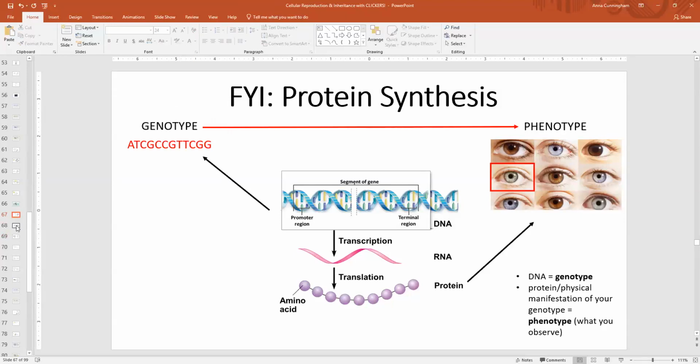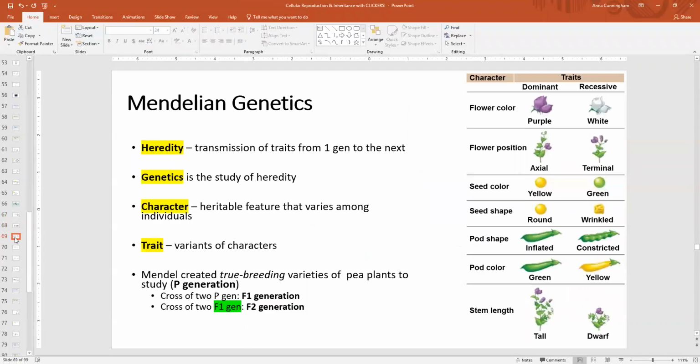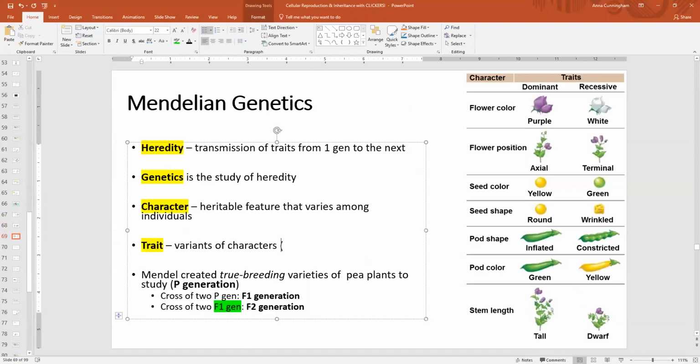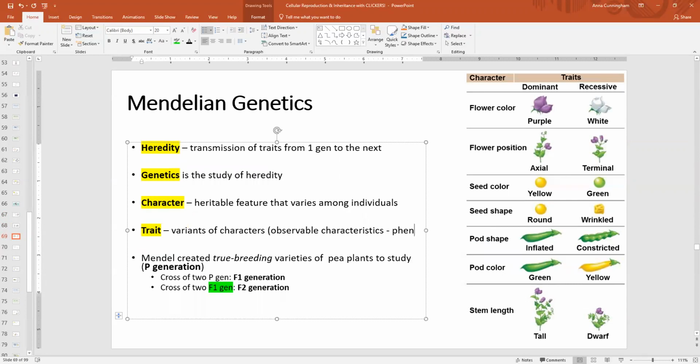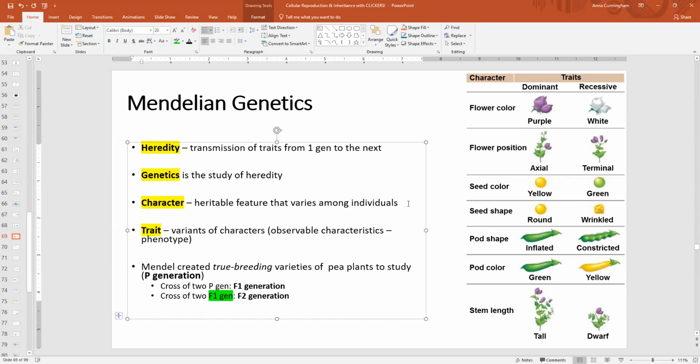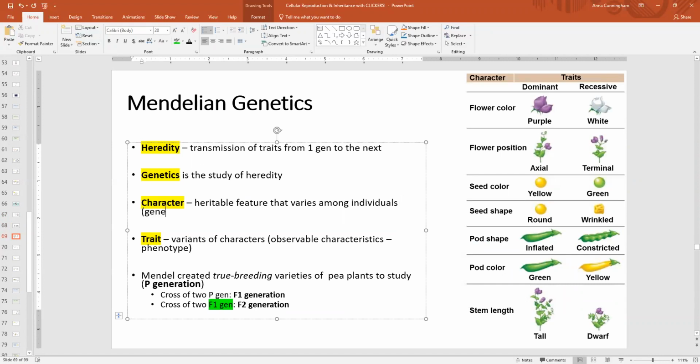So whenever I use the term trait, that would be observable characteristics, phenotype, whereas a character is going to be like genes, but technically alleles, which we'll define in a minute. Does that make sense? All right, perfect, good.